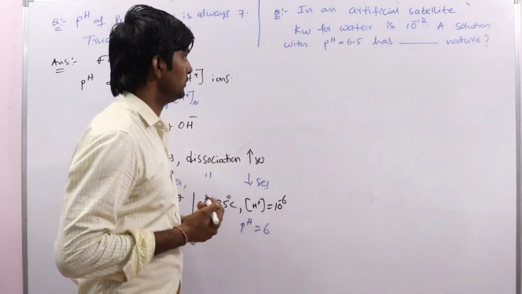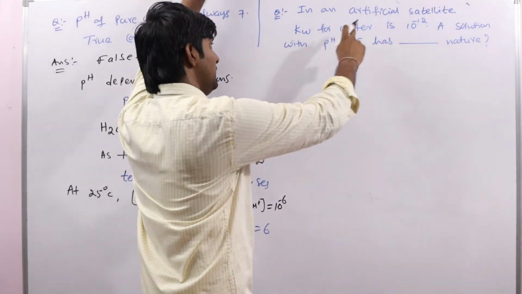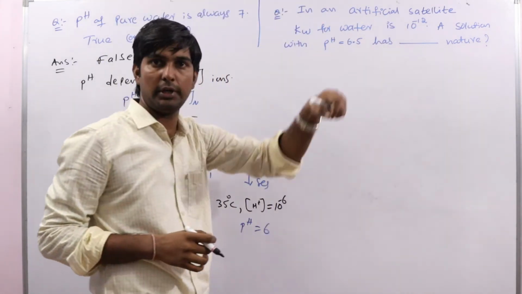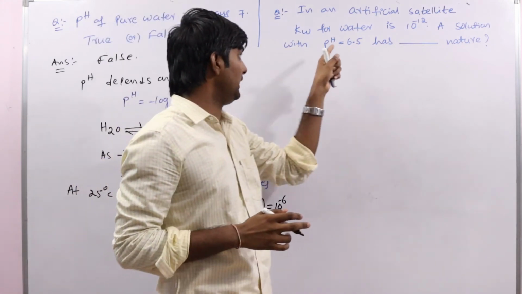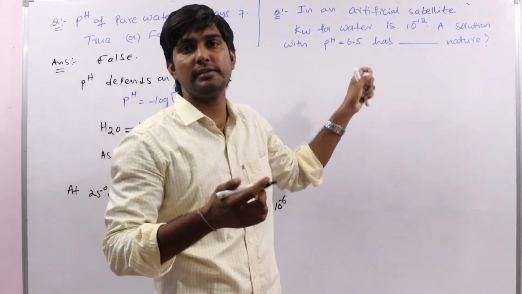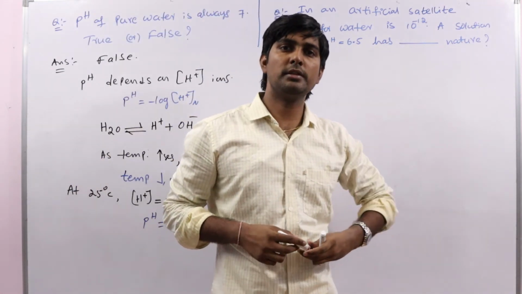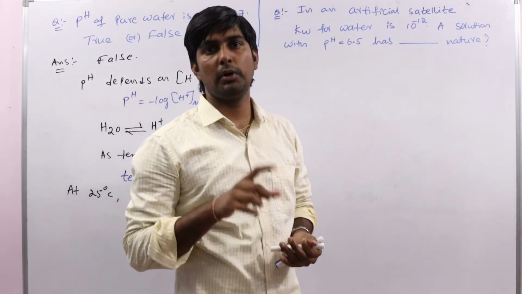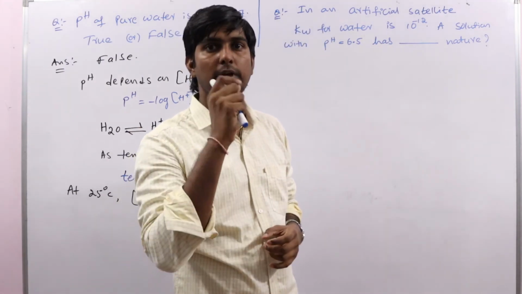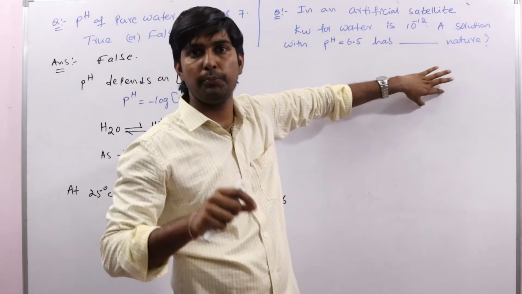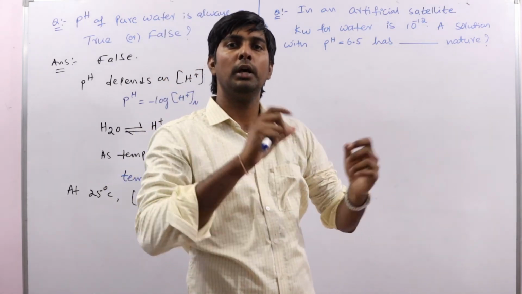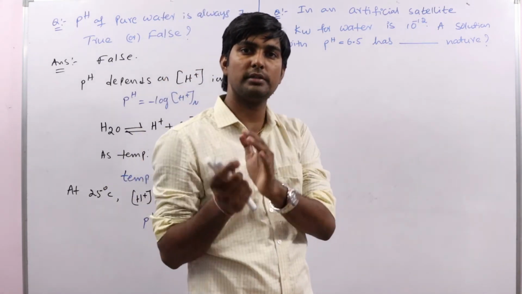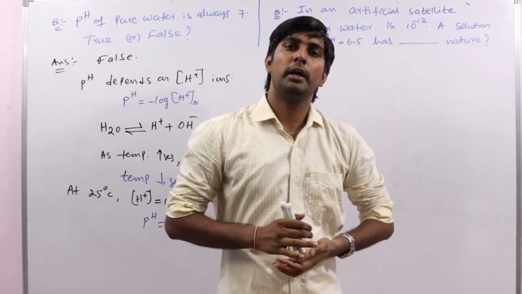Here Kw is given and the pH of the solution is given. Generally we think that if pH is less than 7, it is an acidic solution. Yes or no? But that is wrong. That depends on the pKw value. Only when pKw is equal to 14 does pH less than 7 mean an acidic solution.